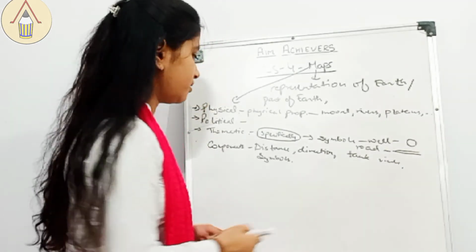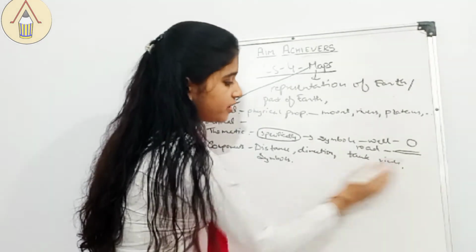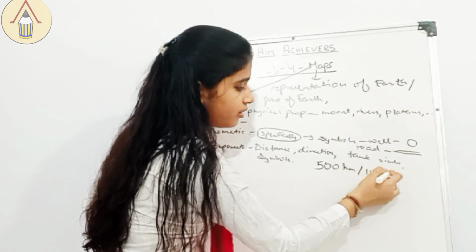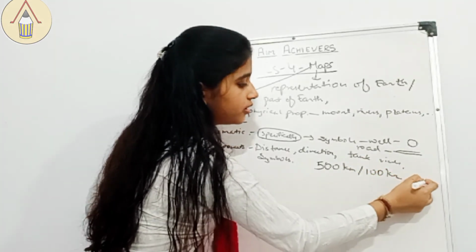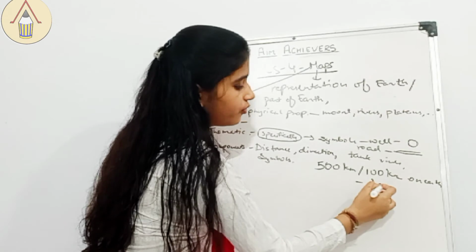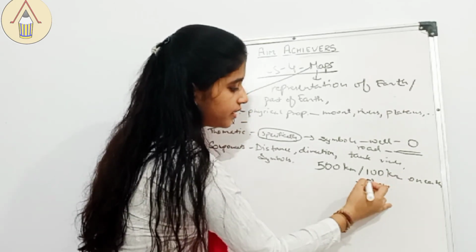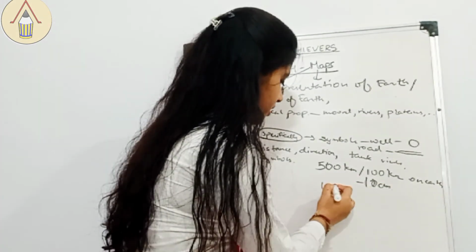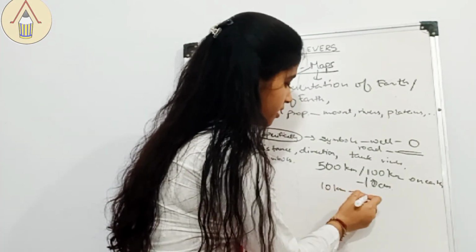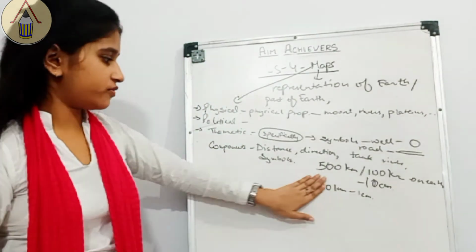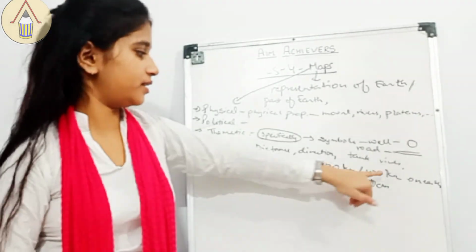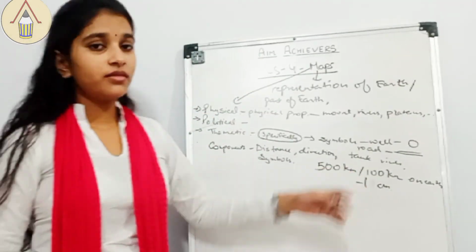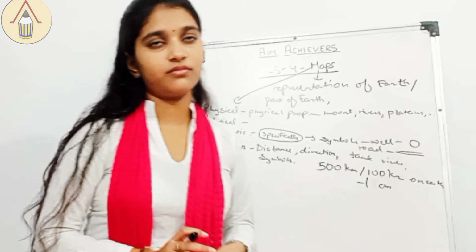So the scale we take, like 100 kilometers on Earth is equal to 1 centimeter, or 10 kilometers is 1 centimeter. This is very small, but we are taking this. 100 kilometer is 1 centimeter.